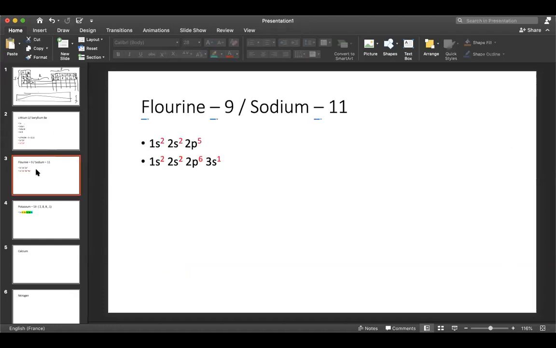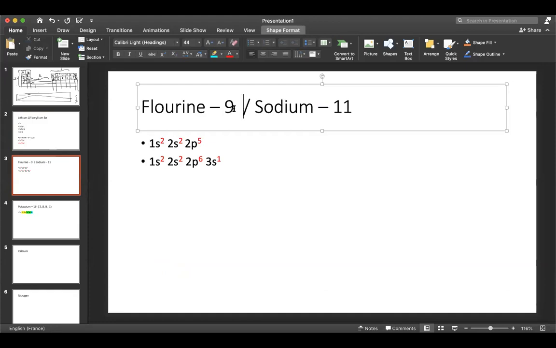Then to solidify another thing, the electronic configuration for fluorine in Zambia was written as 2,7. Sodium was written as 2,8,1.